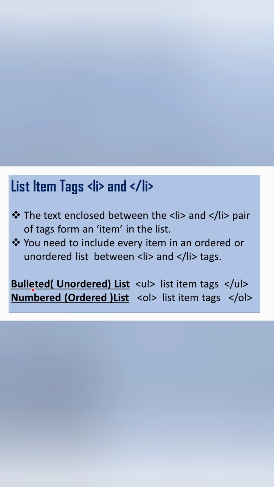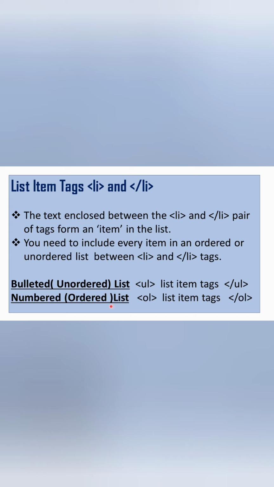For creating a bulleted or unordered list, you have to make use of this UL pair of tags. UL represents unordered list. So you have to open this tag, then use the list item tags, then close the unordered list tag.